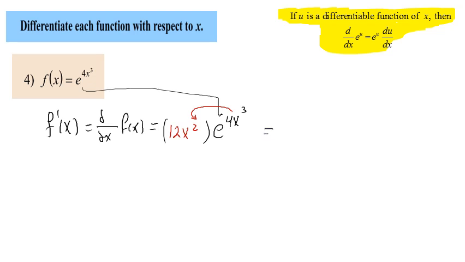So it can be written as 12x to the power of 2 times e to the power of 4x to the power of 3. So 12x squared multiplied by e power 4x to the power of 3.